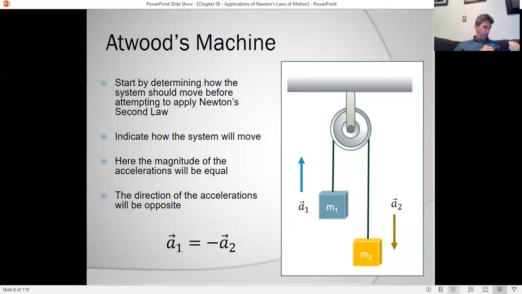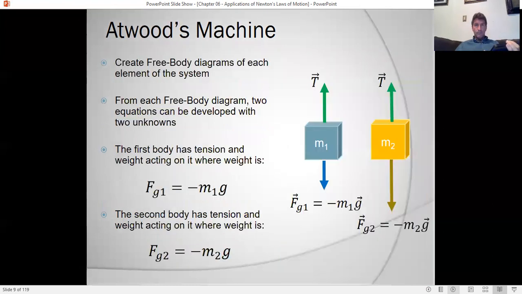So again, what mass 1 is doing, mass 2 is doing the opposite. As mass 1 goes up, mass 2 goes down. Okay, let's identify forces first of all. Disconnect the objects from their system and draw free body diagrams. Here is M1, okay?